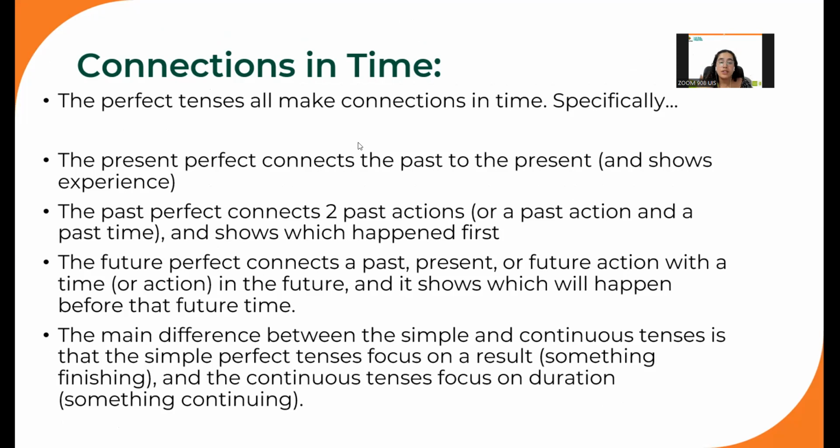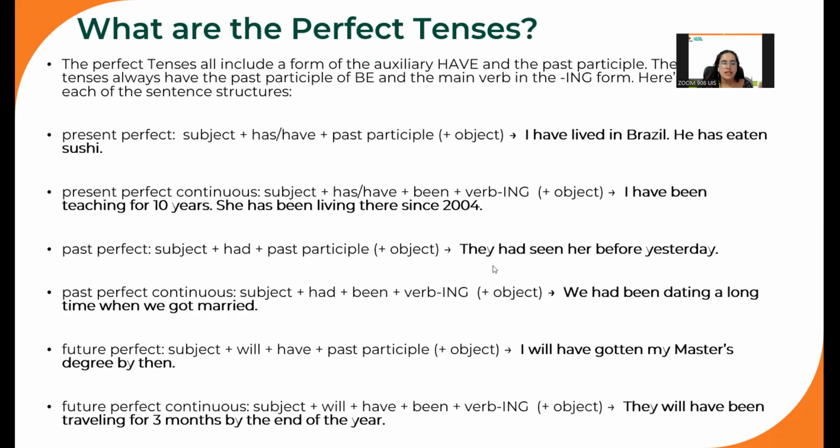And finally, we have the future perfect, okay? The future perfect can connect a past, present, or future action with a time or action in the future, okay? As we can see here, I will have gotten my master's degree by then, para entonces.